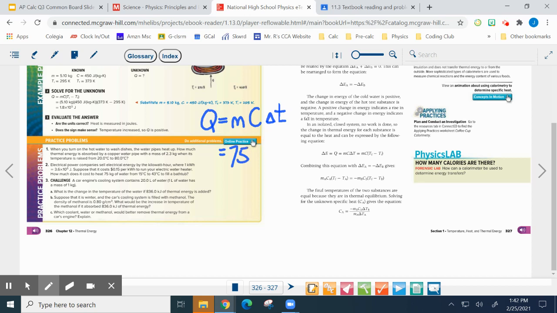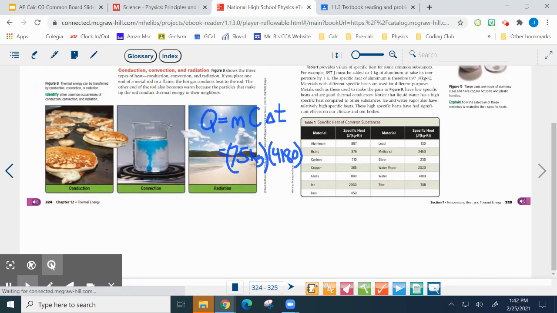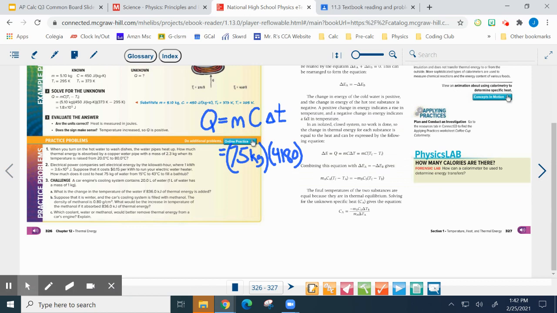So it's going to equal the mass, how much water? 75 kilograms of water times the specific heat of water, which I happen to know is 4180. If it's not, it's 4181, and I'll just go check. I should model better than that. Water, 4180. I'm right. Okay. So 4180 times the change in temperature, which is going to be the final temperature, minus the initial temperature.